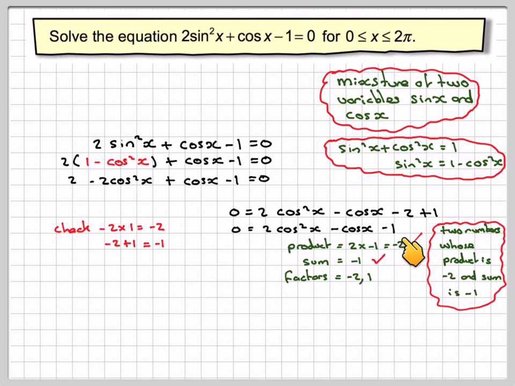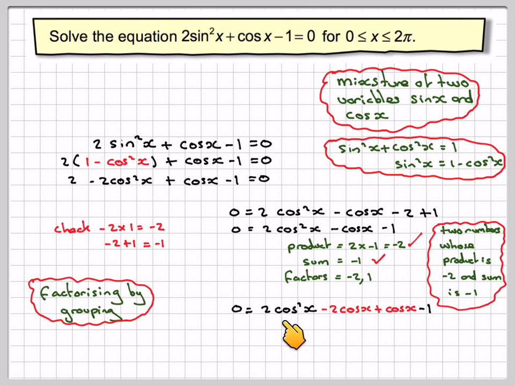So we now write out the quadratic. We start with 2 cos squared x, and we split the middle term up into minus 2 cos x plus cos x. And we've still got the minus 1 as well. So this is equal to 0. And now we do what's known as factorizing by grouping.